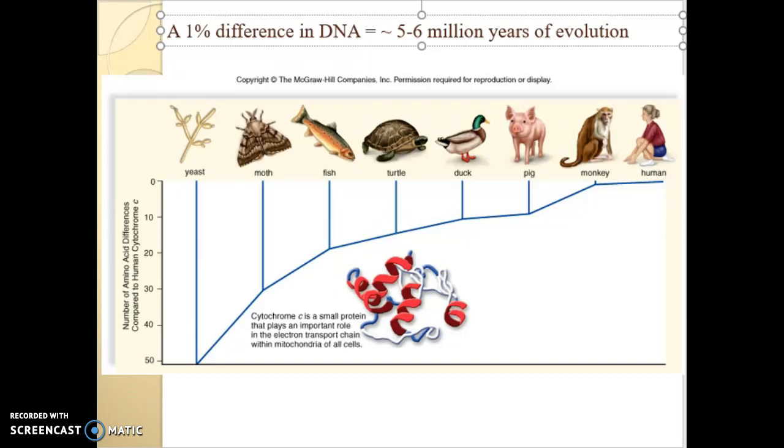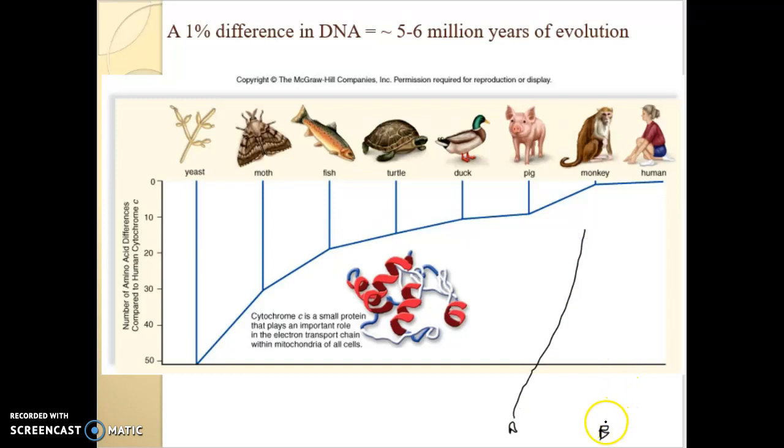So here's a hypothesis. Species A and species B, living right now. I'm going to hypothesize they have a common ancestor back here. So I'm going to run an experiment. I'm going to look at their DNA difference.